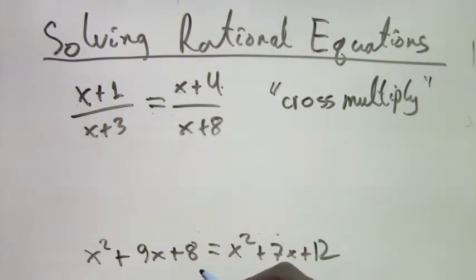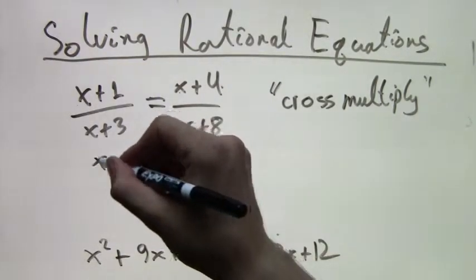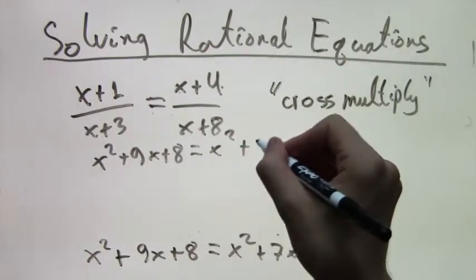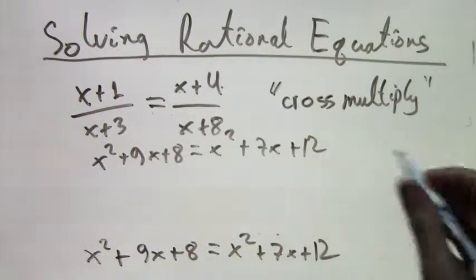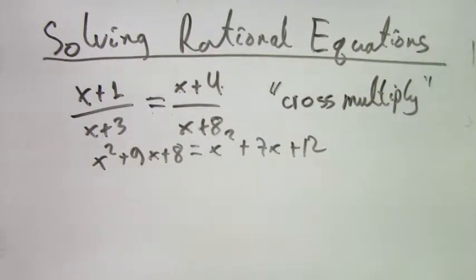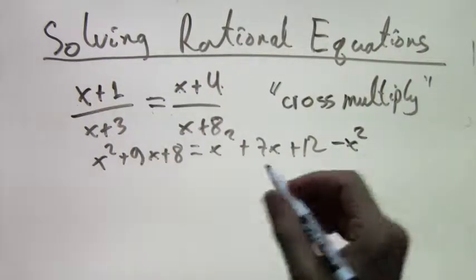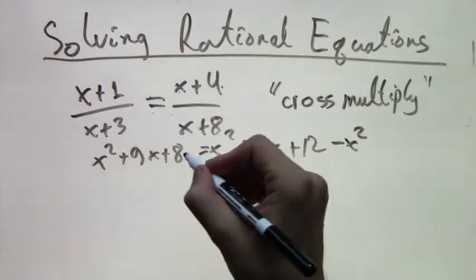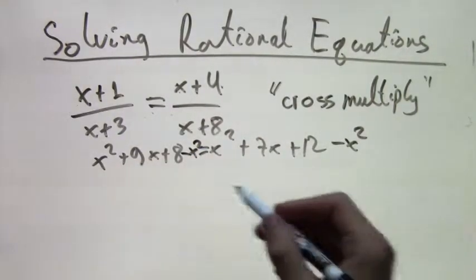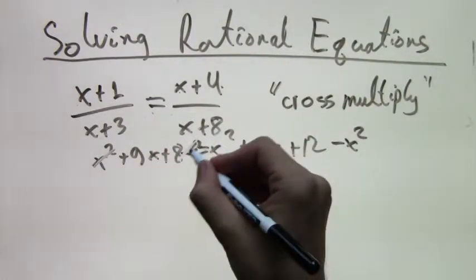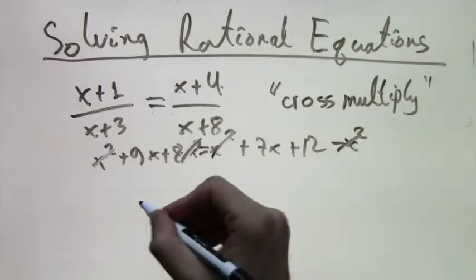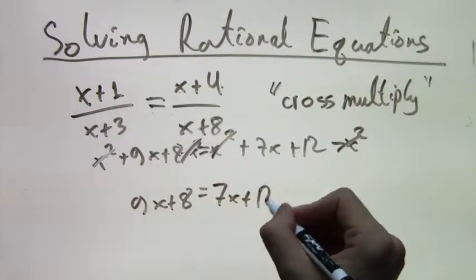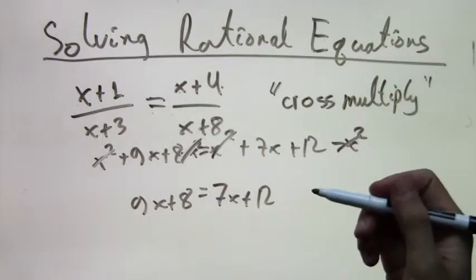Now we're just going to subtract one side from the other side. That is, we have an x squared on both sides, so we know we can get rid of that. So we'll start by getting rid of the x squared, and we're just going to have 9x plus 8 equals 7x plus 12. And we're going to keep simplifying, keep subtracting on both sides.